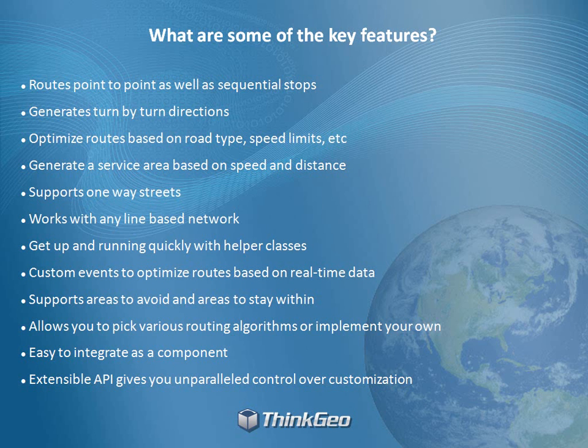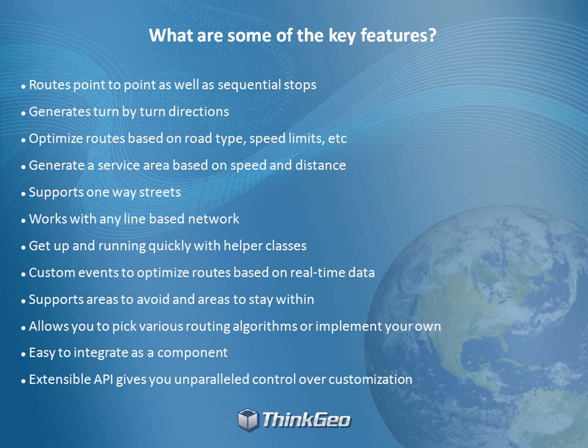And we wanted to allow you to pick various routing algorithms or implement your own, because the different algorithms have various strengths and weaknesses, and we wanted it to be flexible in that way. We also wanted to build it as a component so that it's easy for you to integrate in with an existing application, and then for it to be pure C# assembly.